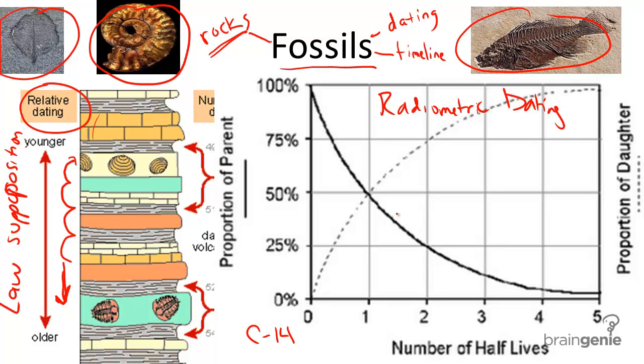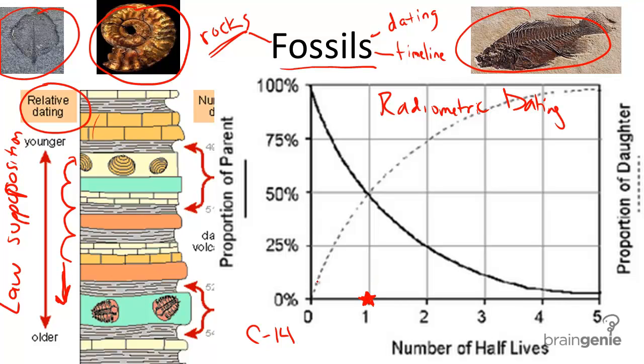So we take a look at the graph, and we look at half-life as the amount of time it takes for half of the original isotope to decay. Okay, so let's look at one half-life down here on the x-axis.